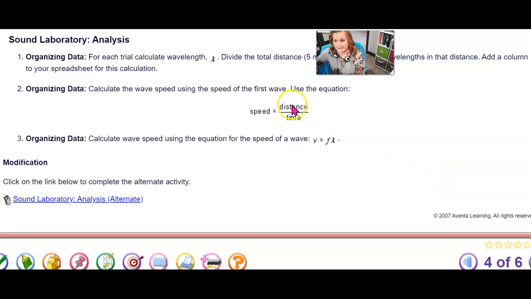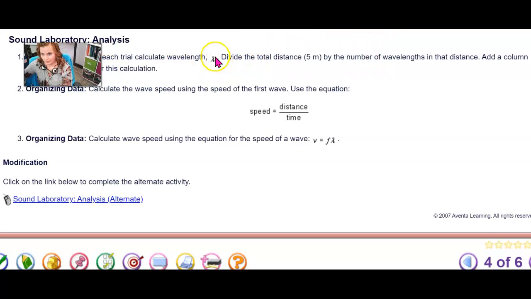Okay, so you guys can see that we'll be calculating the wavelength here, which is the Greek letter lambda, by taking the number of wavelengths that we can count divided by the distance of 5 meters. And that should give us the length of one wave.